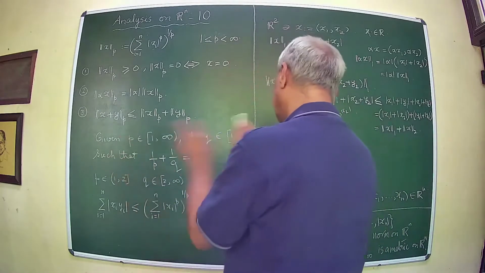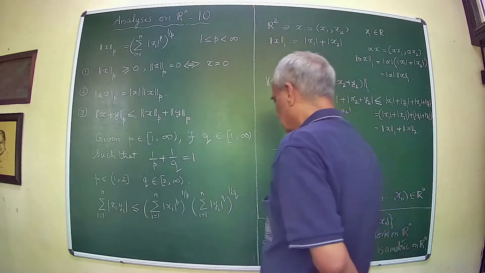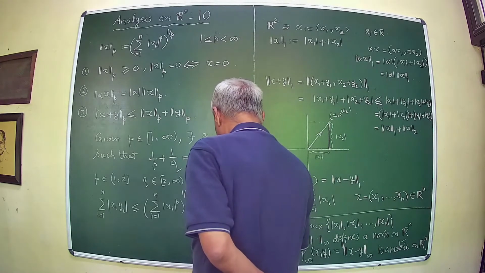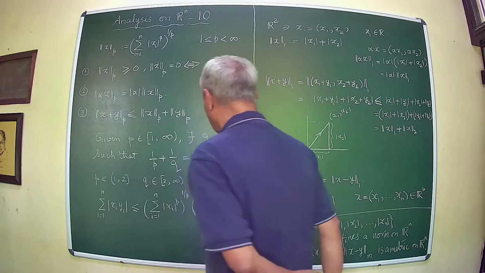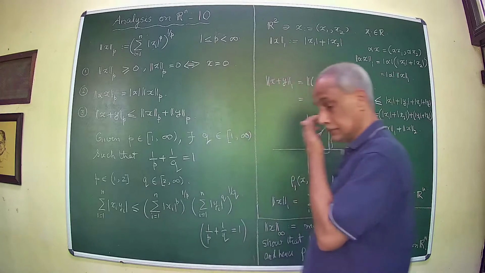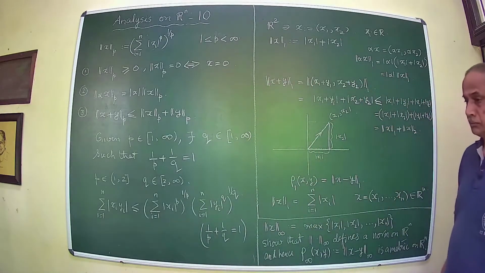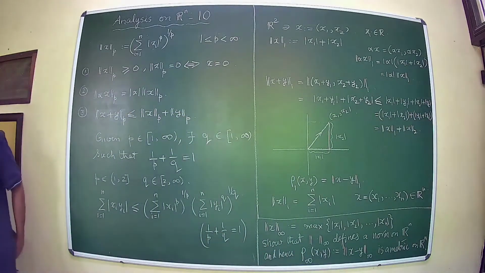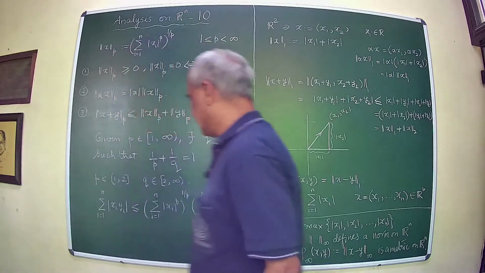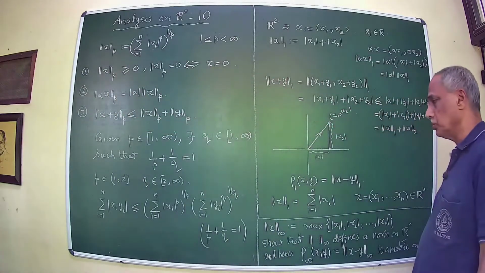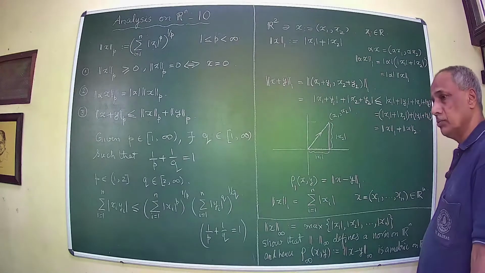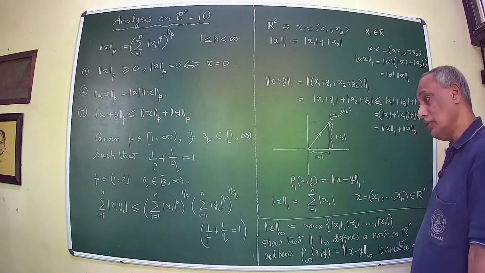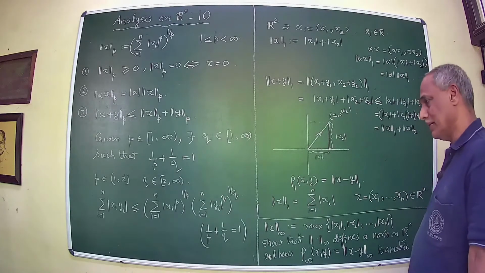Once p is given, then q is fixed correspondingly, so that 1 by p plus 1 by q equals 1, this condition is satisfied. And this is the analog of the Cauchy-Schwarz inequality. You can easily check that when p equal to 2, this simply gives the Cauchy-Schwarz inequality. So it is a generalization of that. And once you have this, then you can prove that.